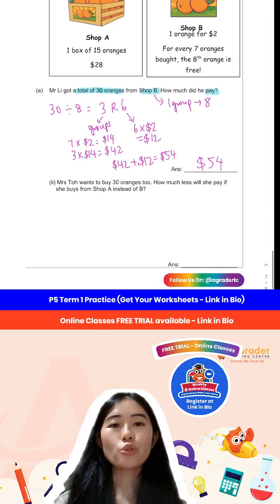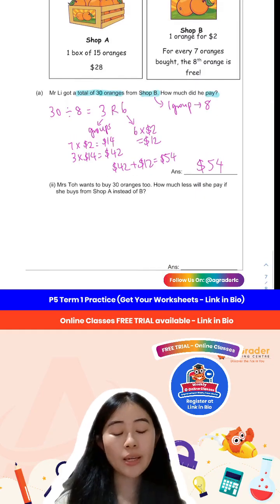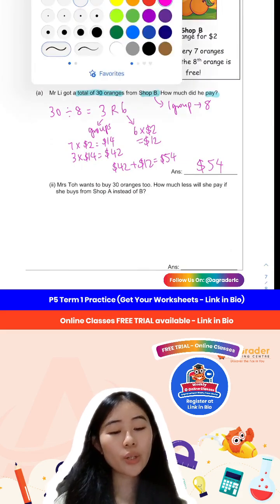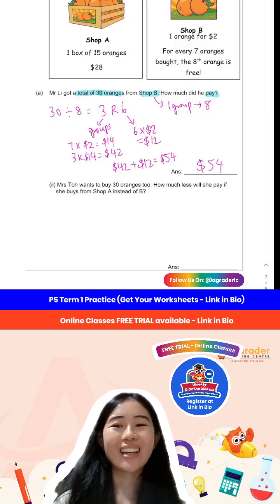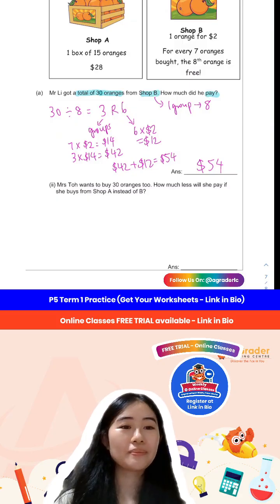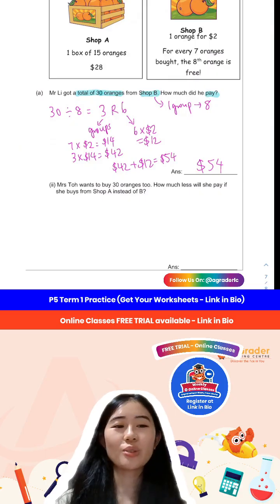Alright, so I'm going to scroll a bit for you to see question A, part 2. Oh, by the way, in question A, part 2, there is a typo, right? Anybody want to guess where the typo is? Oh, GST. For this question, they never mentioned GST, so it's fine.